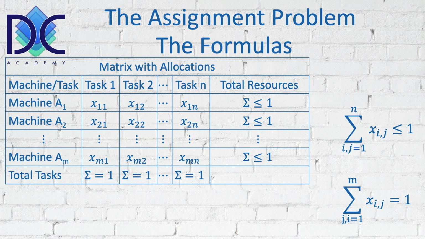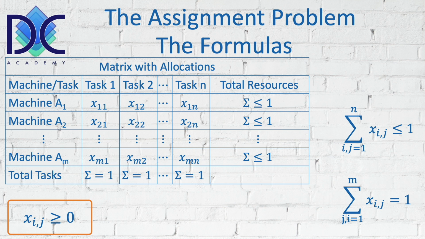We have to add some more constraints, because Xij has to be larger than or equal to 0, and it cannot be larger than 1. So basically, they are between 0 and 1. Since they are integers, they're either 0 or 1.